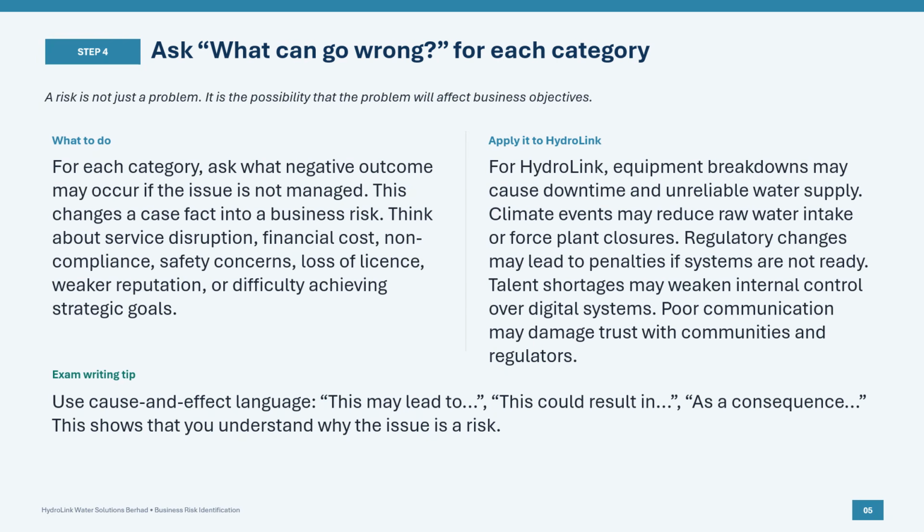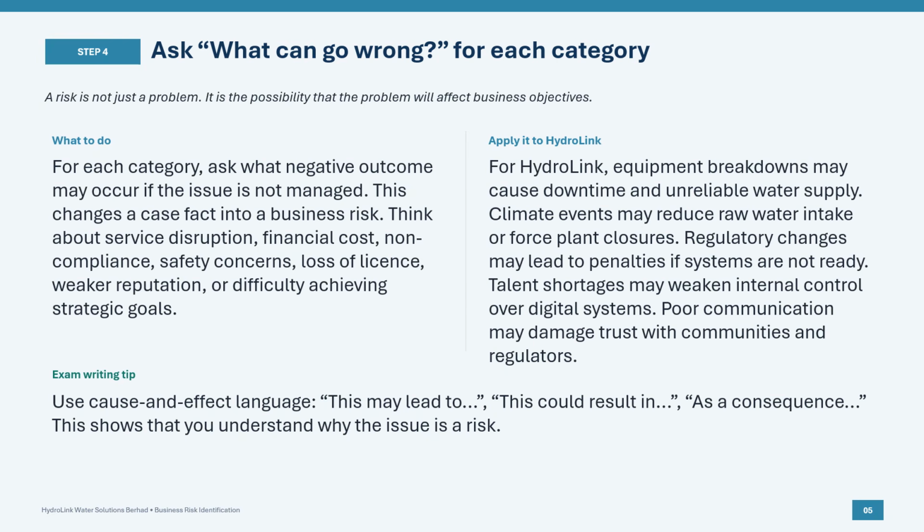Next, talent shortage may weaken internal control over digital systems. Remember, for digital systems you still need talents to manage. Poor communication may damage trust with the community and regulator.